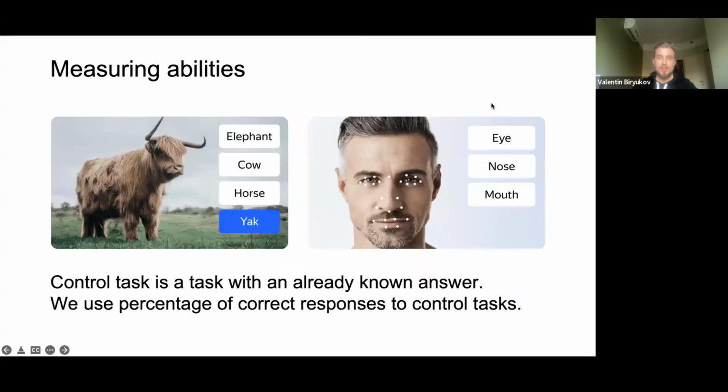But generally, in this approach of measuring ability, and when we speak about ability, often we speak about skill, because skill is something like the ability to perform with good quality. They use golden sets, ground truth or honeypots.